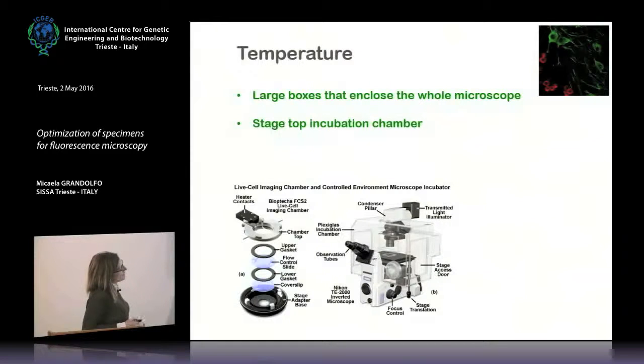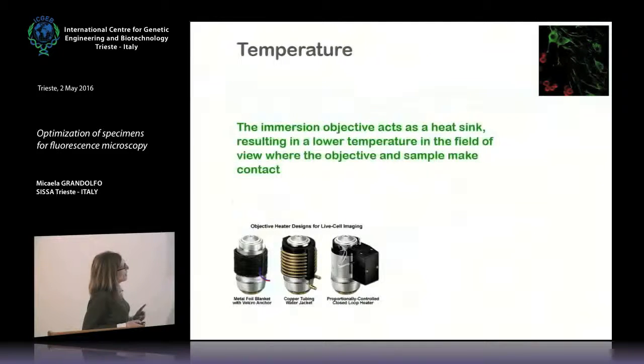In the case of the small chambers, you reach the temperature very fast, but you have to pay attention to a problem that is very often underestimated, and it is the problem connected to the use of immersion objectives.